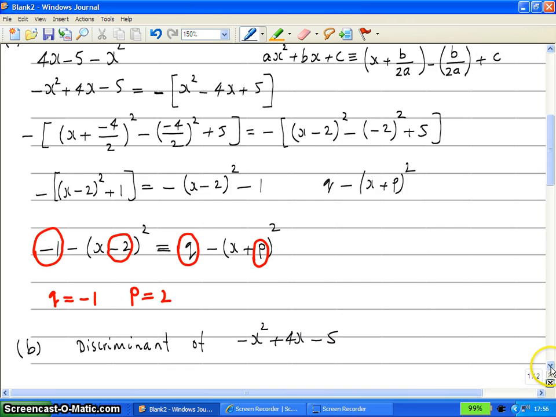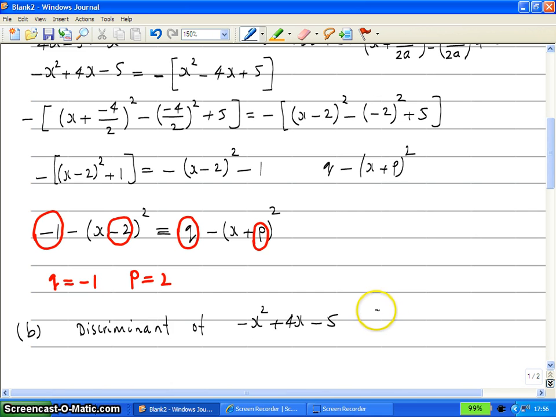Remember, the discriminant is given from the formula: the discriminant is equal to b squared minus 4ac.